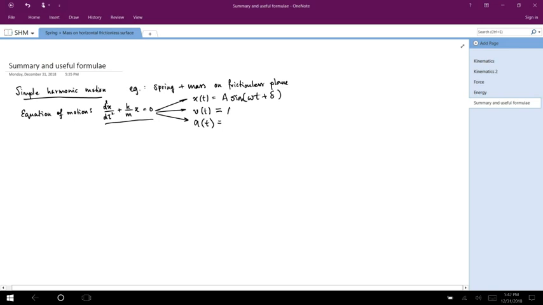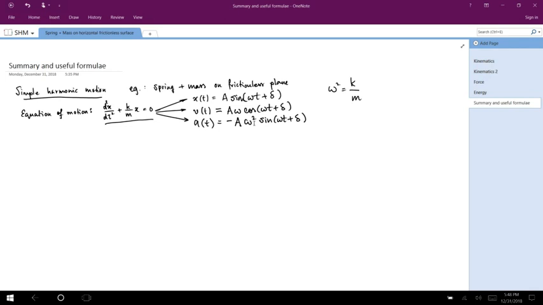V as a function of t equals A omega cosine(omega t plus delta). And acceleration a as a function of time is equal to negative A omega squared sine(omega t plus delta). We found that omega squared has to be equal to k over m.